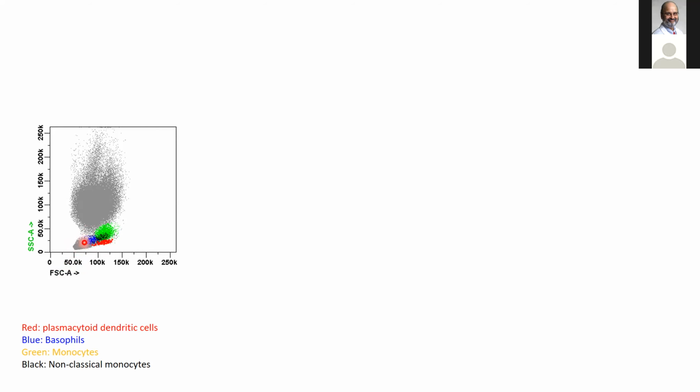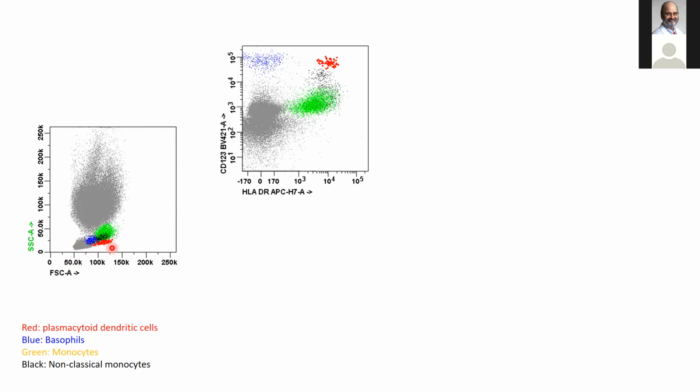So the basophils, again, in blue. Now, if we were to look at CD123, I think most people recognize that both basophils and plasmacytoid dendritic cells have nice, bright expression of CD123. So if we look up here, here's our basophils in blue, our plasmacytoid dendritic cells in red, and we can differentiate between the two by looking at HLA-DR.